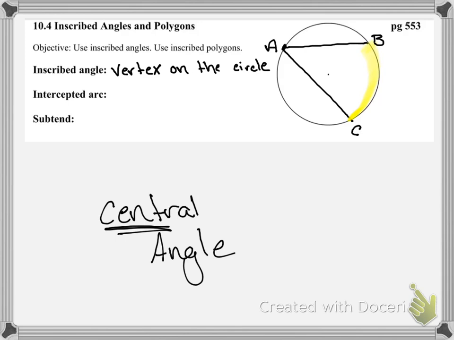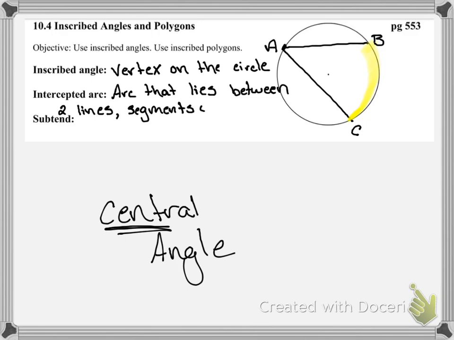An intercepted arc is strictly an arc that lies between two line segments or rays. In this case, it lies between two rays, ray AB and ray AC. There is our intercepted arc right there.